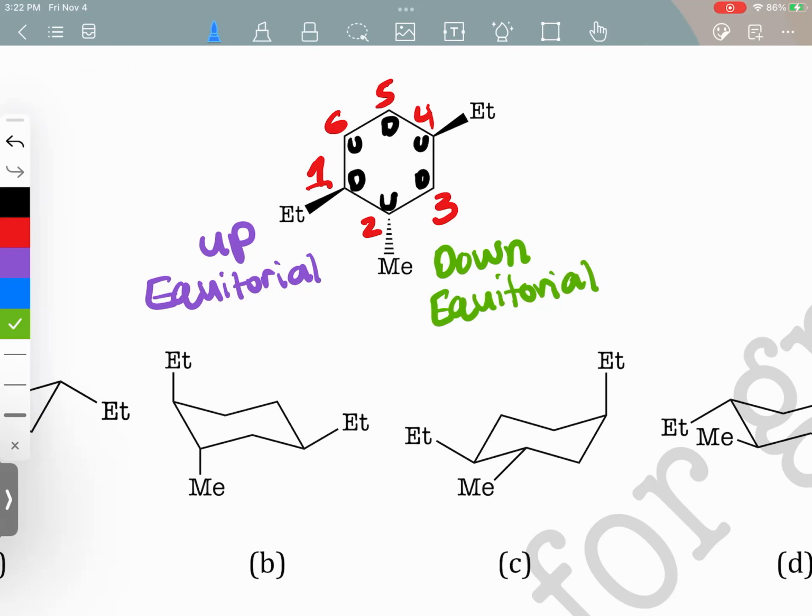And this ethyl up here, it's on a wedge, so that means it's going up. And it's on an up carbon. So what position will it be on? Axial.